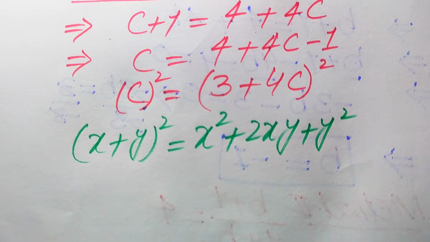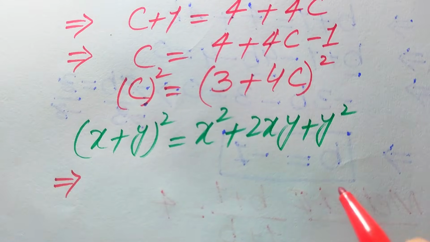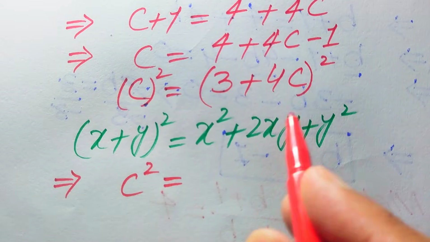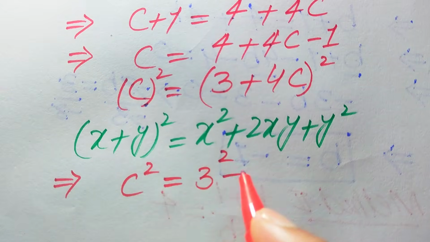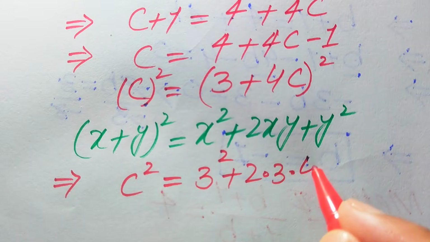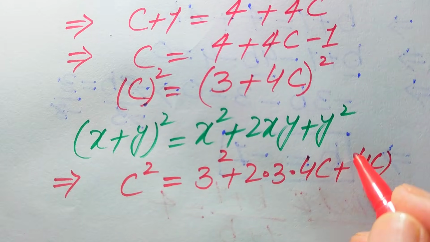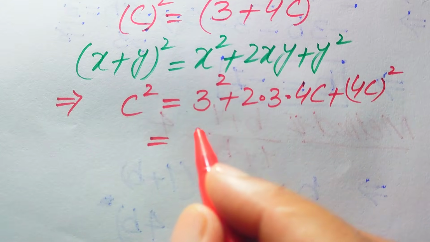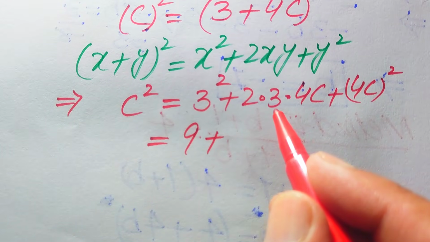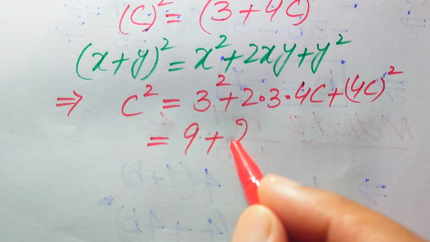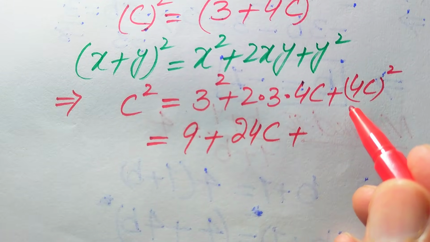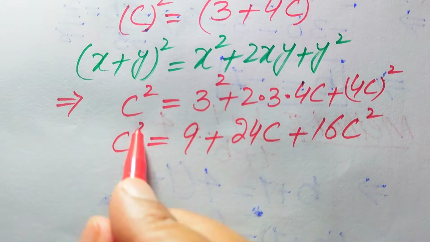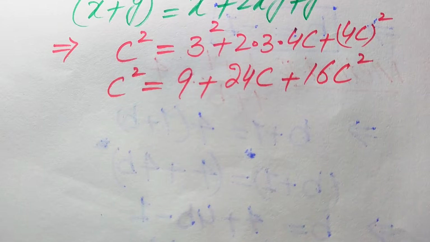According to this formula, we expand the right hand side: c square equals 3 square plus 2 times 3 times 4c plus (4c) whole square. In the next step we simplify: 3 square becomes 9, plus 2 times 3 times 4c becomes 24c, plus 4 square becomes 16c square. In the left hand side we also have c square.